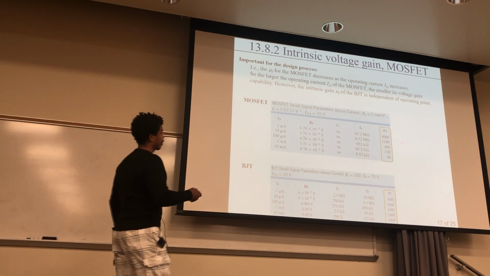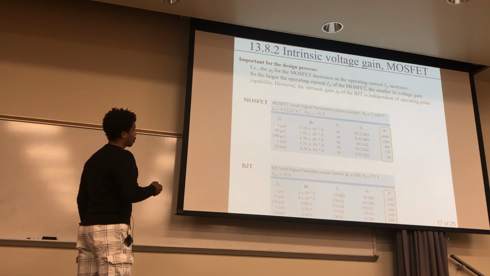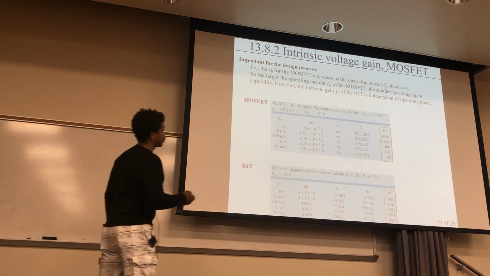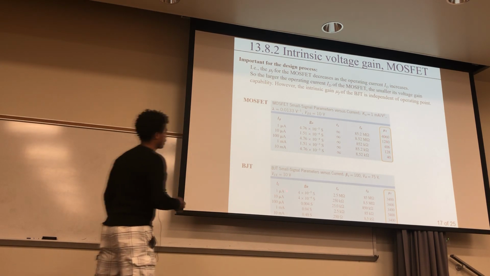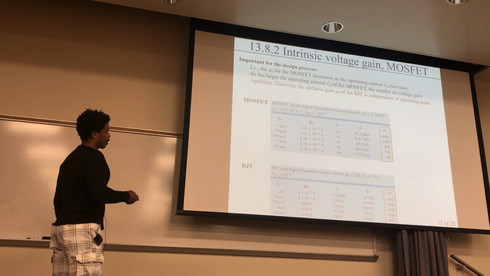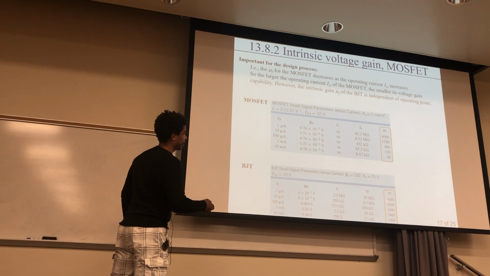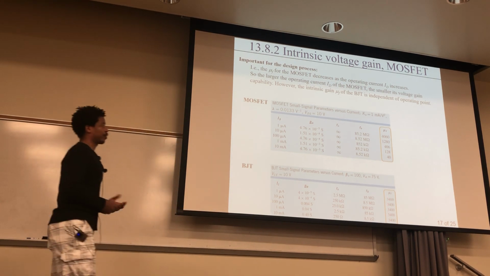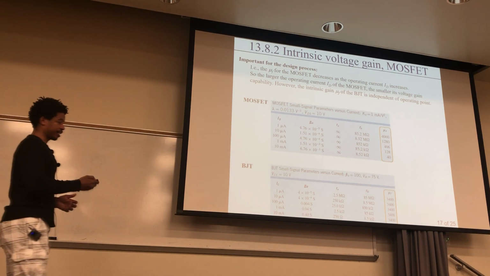And you can see that here, right? So as these values go from 1 microamp to 1 milliamp, you see the intrinsic gain decreasing right here. But as these go over the range from 1 microamp to 10 milliamps, you see right here the intrinsic gain is constant. Okay, so that's something you want to consider if you're going to design and you're trying to decide if you're going to use a MOSFET or a BJT.